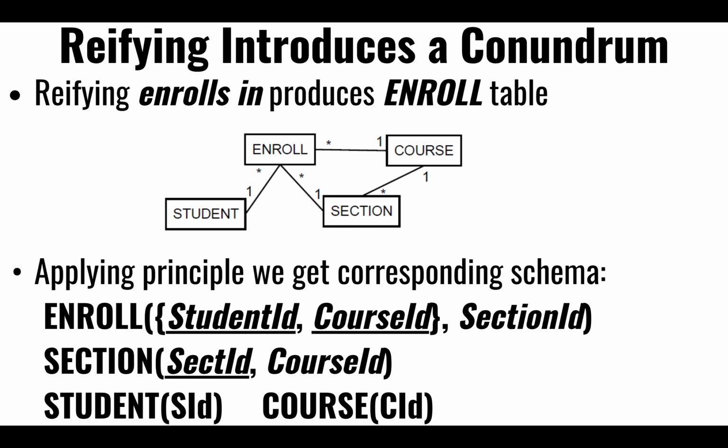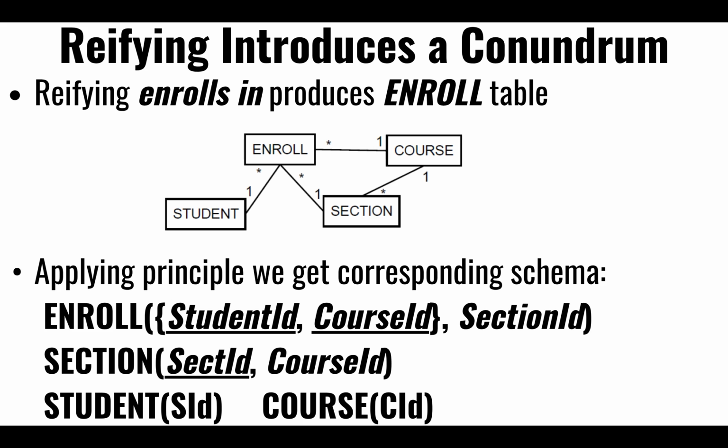Now everything else stays the same. The section has a section ID and a reference to the course. So that's the regular one-to-many relationship between the section and the course. There's our reification. We have a primary key that points to these two, and this has been embedded into the enroll, and the section has a one-to-many to the courses. Everybody good? Excellent. So this implements it.